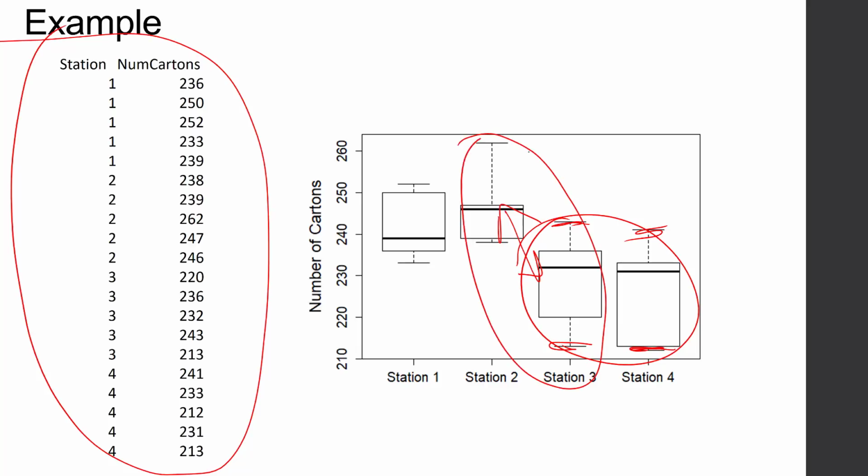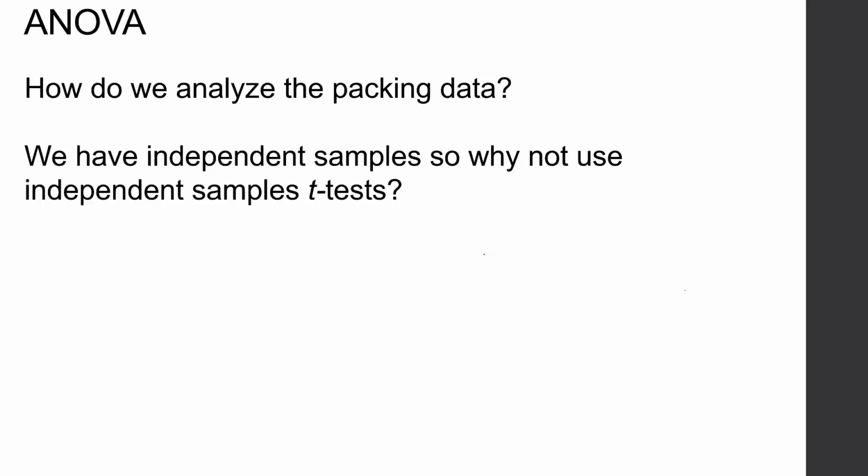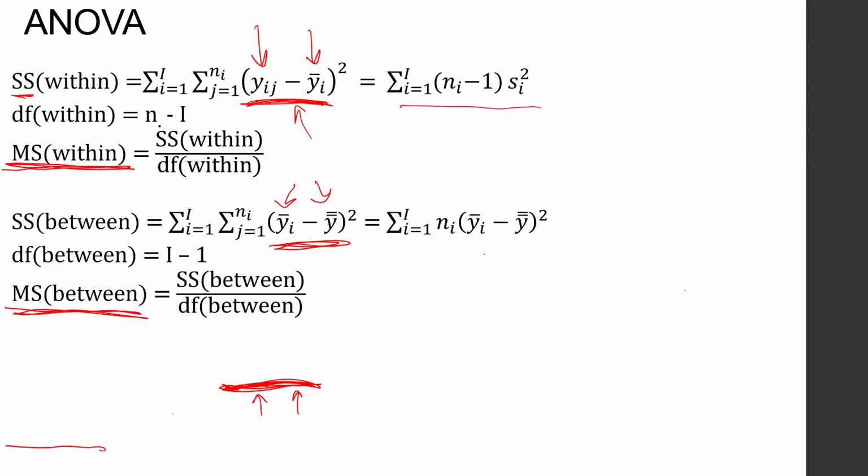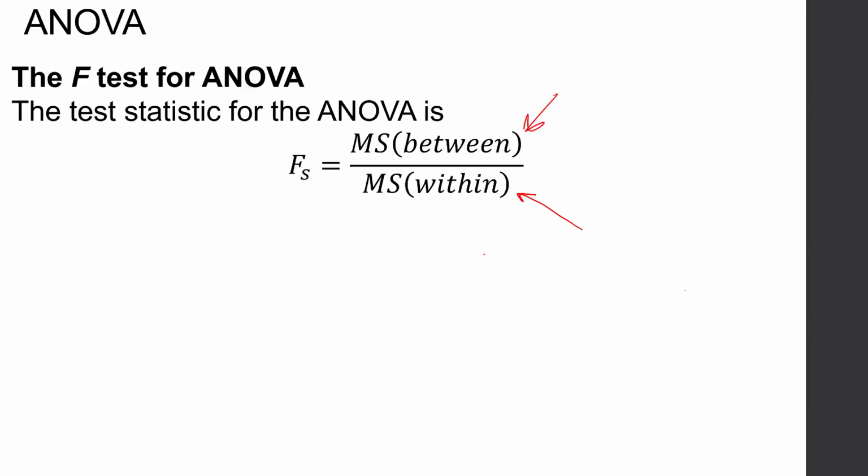But then look at station 2 to 3. It looks like there's a significant shift that might be a little bit larger than the natural variation within each group. That's the same game that we're playing here. We're comparing the variability that's accounted for by the groups themselves to the natural variability that happens within a group. And that thing is going to have an F statistic.